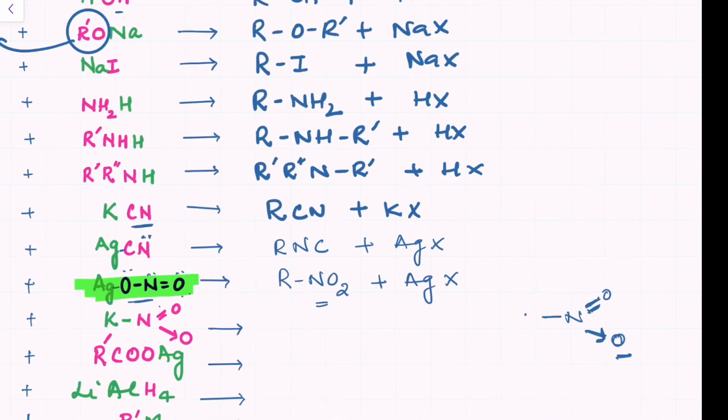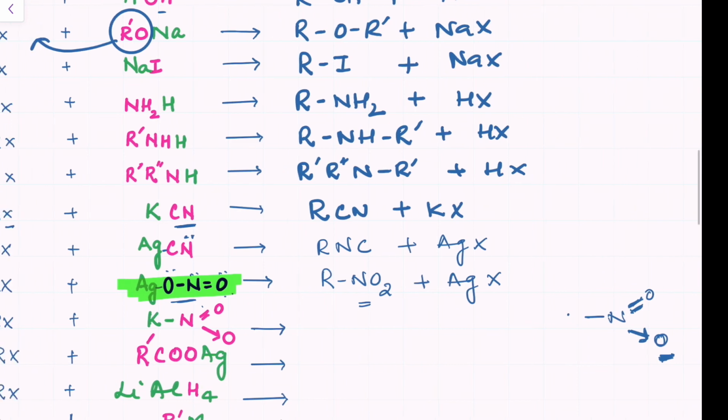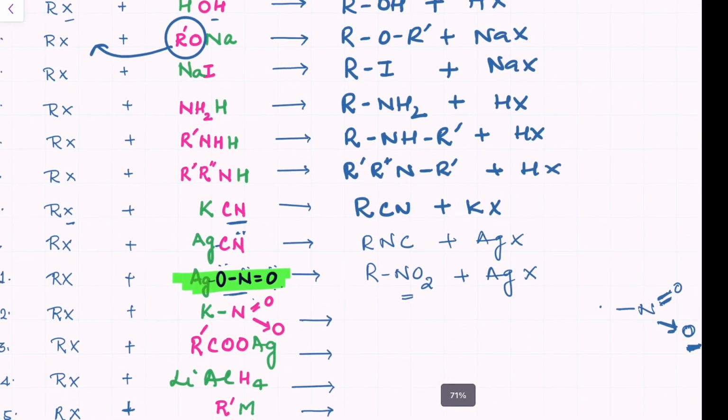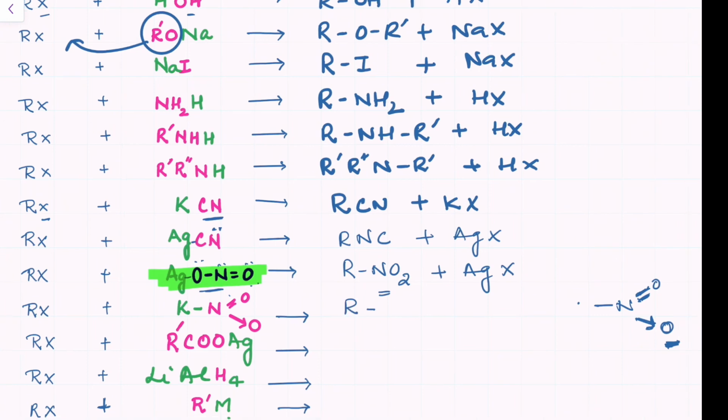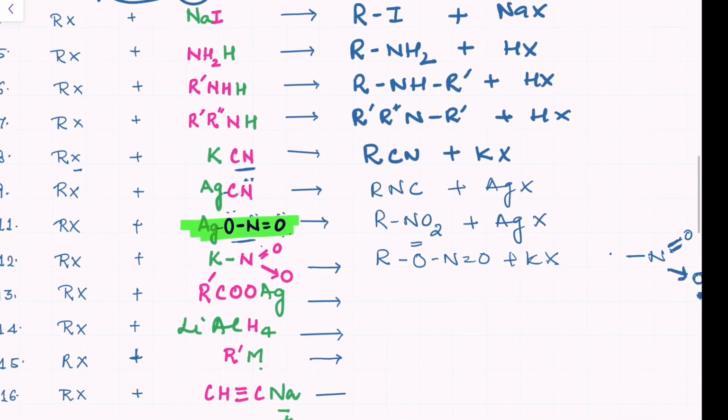In this ambident nucleophile, the negative charge keeps on rotating on both the oxygens. So the attachment will take place from oxygen, because there is a negative charge on oxygen and charge gives instability. To dissipate the charge, it gets attached via oxygen. So what you get is alkyl nitrite, right? And you get KX. In silver acetate, you get esters.